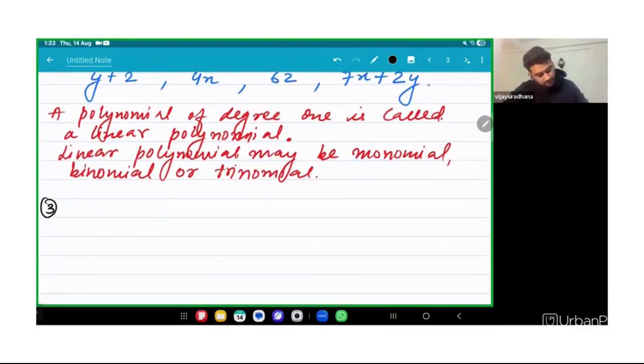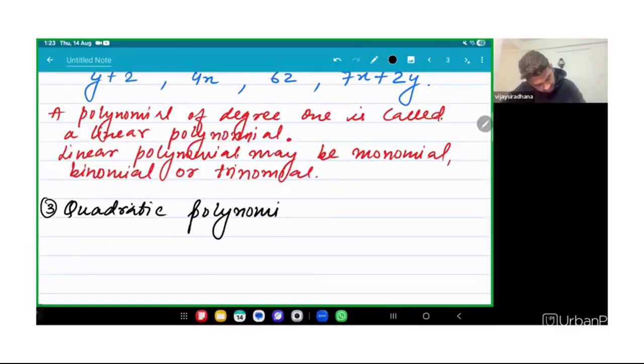The third one is known as the quadratic polynomial.